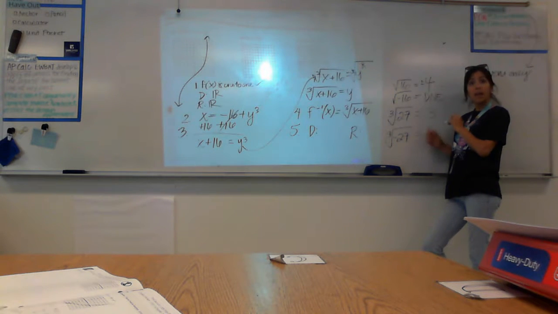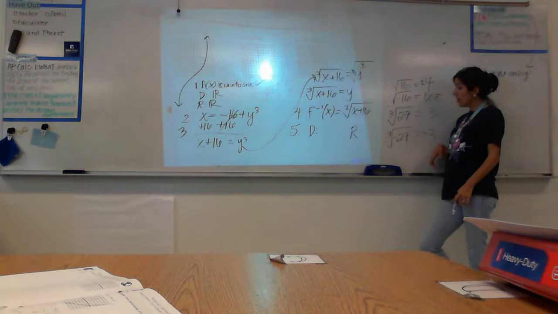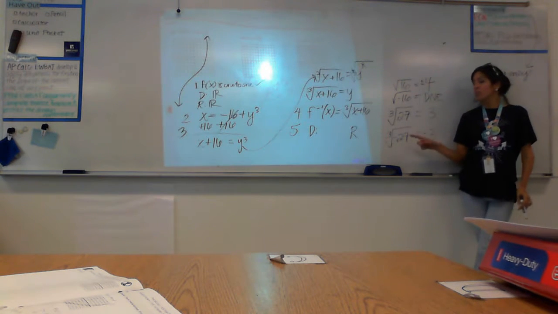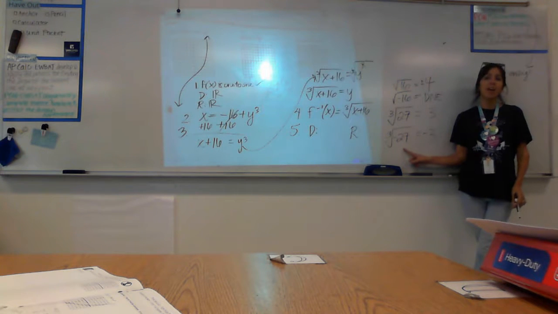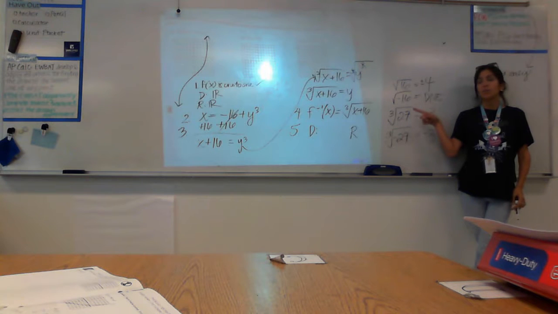Negative 3, not D and E. Because negative 3 times negative 3 is 9. Times negative 3 is negative 27. So it turns out it's actually legal to take the cube root of negative numbers. It's illegal to take the square root of negative numbers.